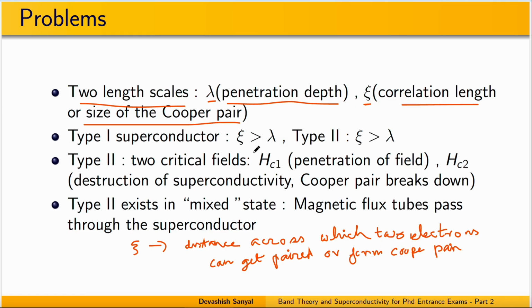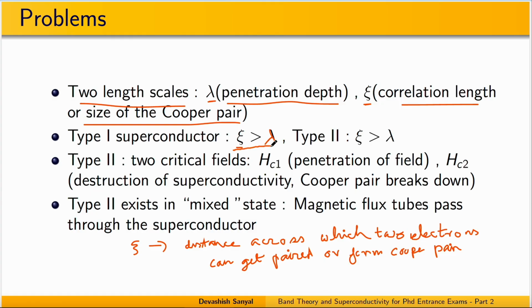In a type 1 superconductor, the size of the Cooper pair is always greater than lambda. What happens in a type 1 superconductor? When you increase the magnetic field, the superconductivity is destroyed. There is no penetration of the magnetic field; superconductivity is straight away destroyed.